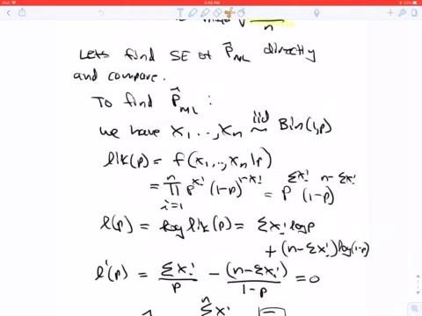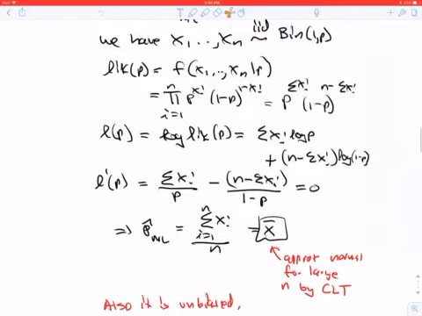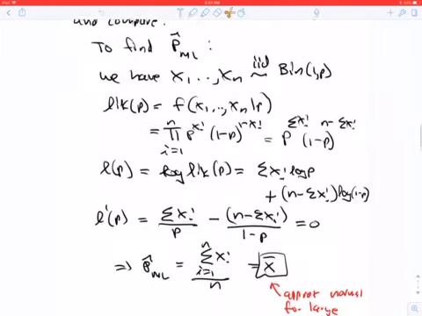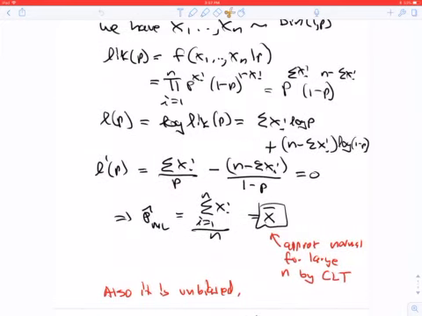So the ML estimator we can compute here. X1 to Xn is Bernoulli(p). With our given data, we get a likelihood function, and we find that the ML estimator is the sample mean.